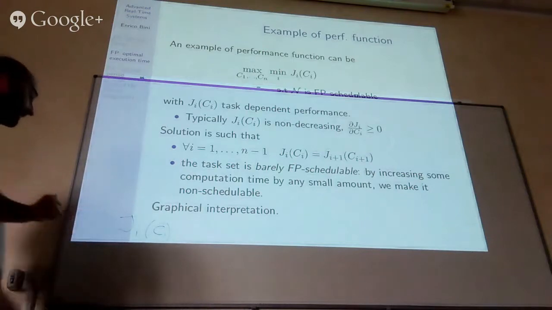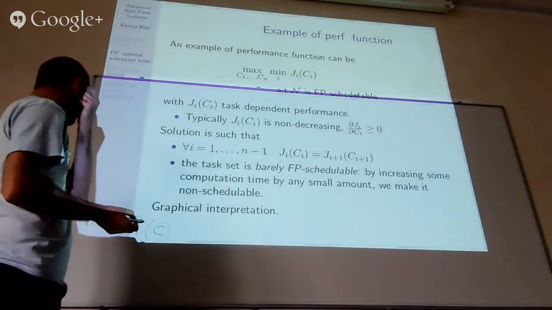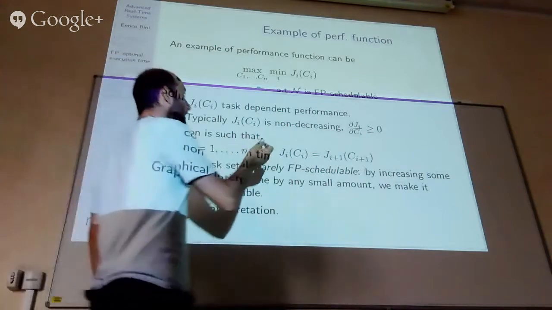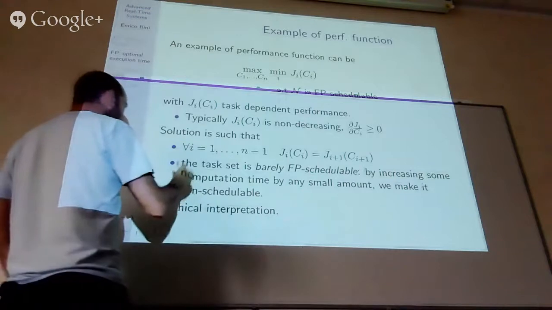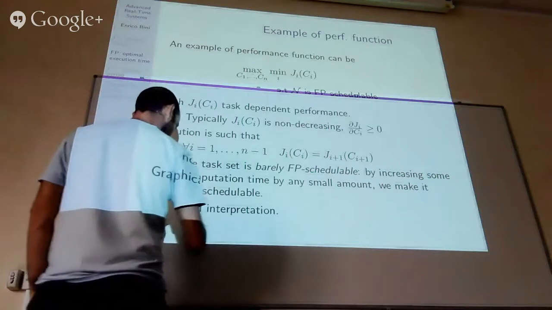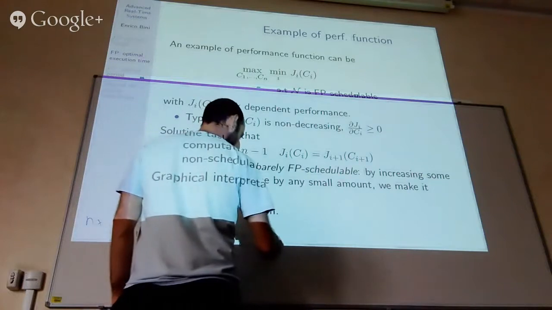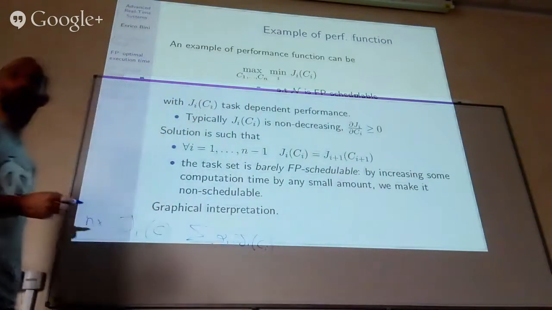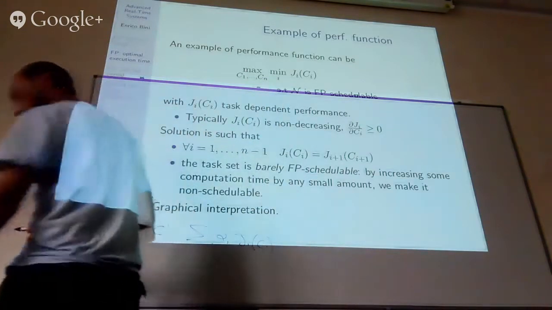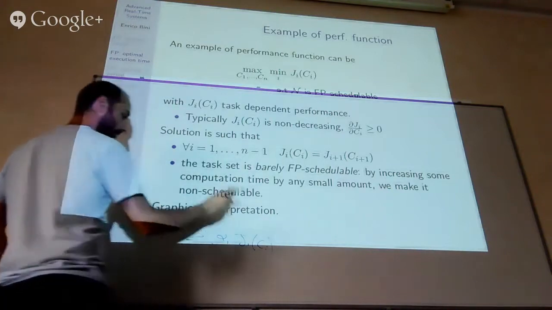And then since you have n of these, you may want to find a way to combine these n functions. One way is to make a sort of linear combination, which is something that people sometimes do. Let's say you make a linear combination of the performance of each task. Or another way is this one, when you call, let's say, big J the overall performance, equal to this.